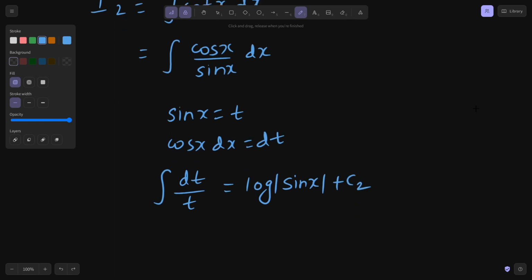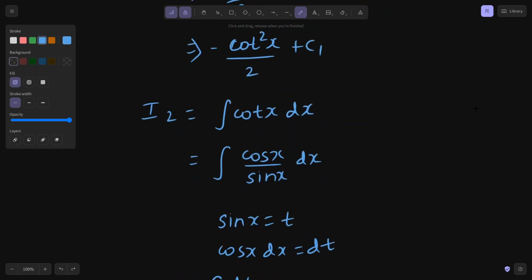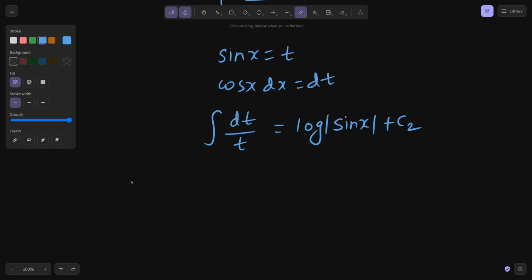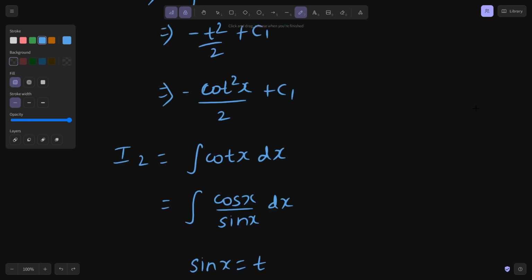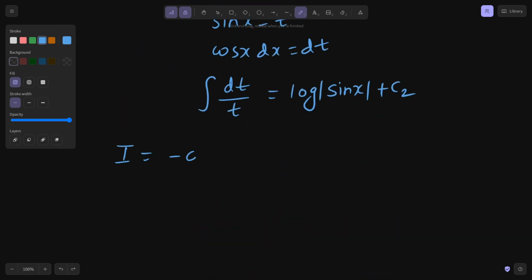So you have got I1, you have got I2. The relation was I equals I1 minus I2. So your I, which was integral of cot cube x, is I1, what we got as I1, minus cot square x by 2 plus c1, minus I2, which is log sin x plus c2.